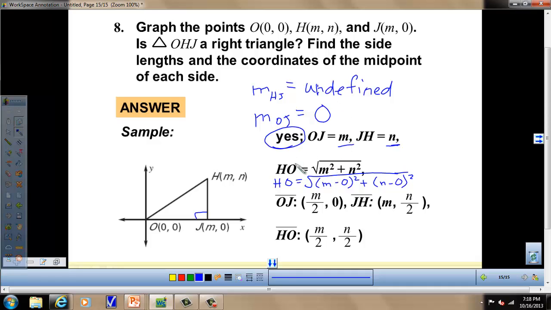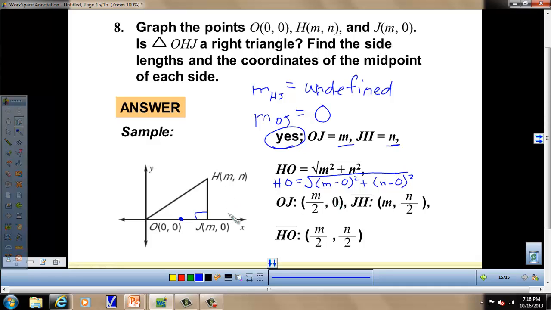For our third side, we want to find the coordinates of the midpoints. So again, for OJ, it would be halfway in between these two, so it would be M plus 0 divided by 2, which is M over 2, and 0 plus 0 over 2, which is 0.